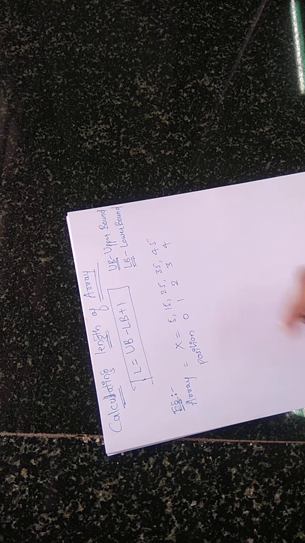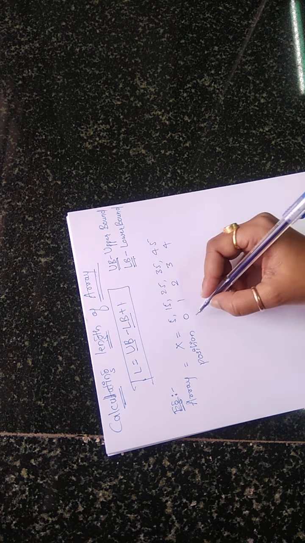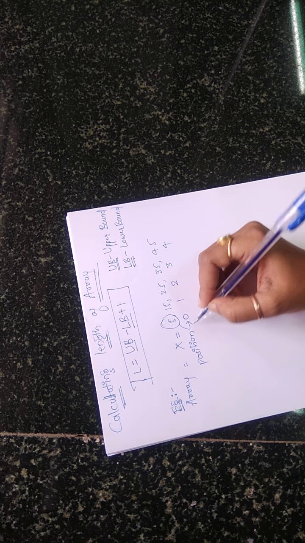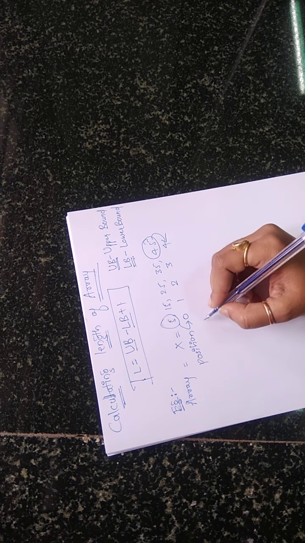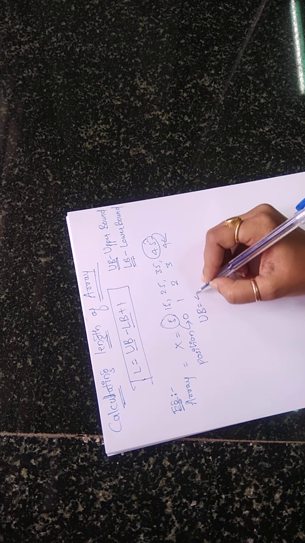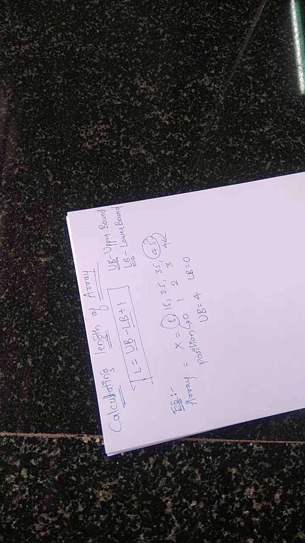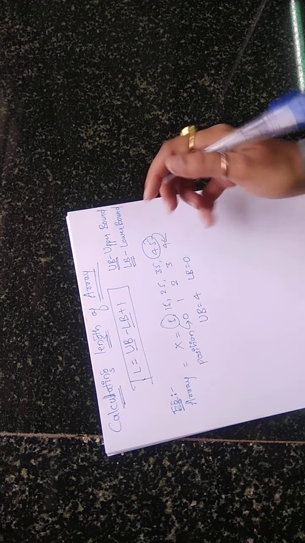Now we have to denote the value of UB and LB. The first element's position is 0 and the last element's position is 4. So UB is 4 and LB is 0. The first element position is LB and the last element position is UB.